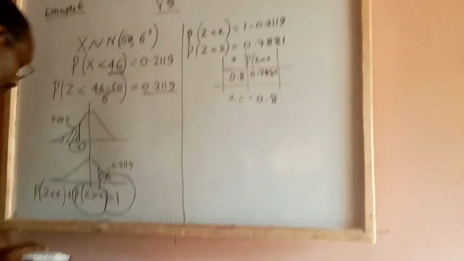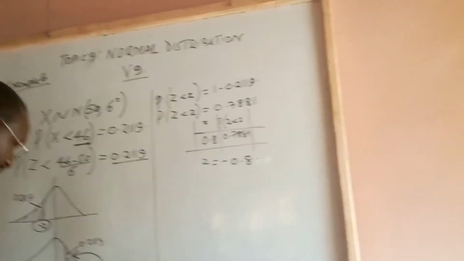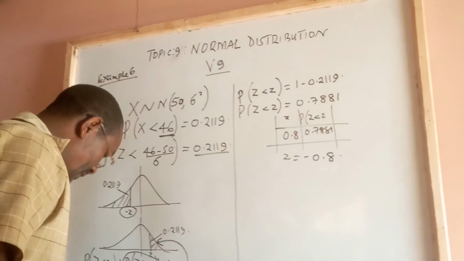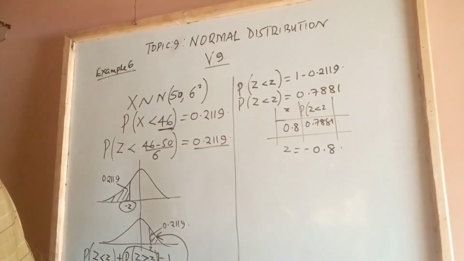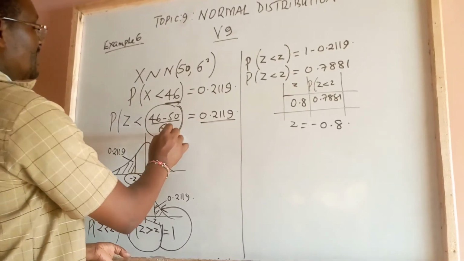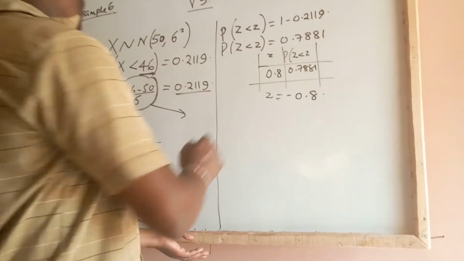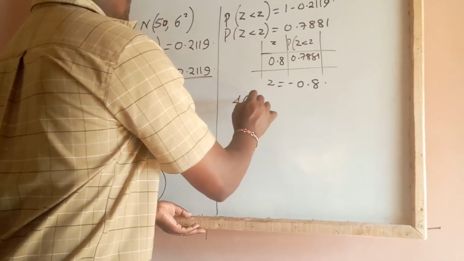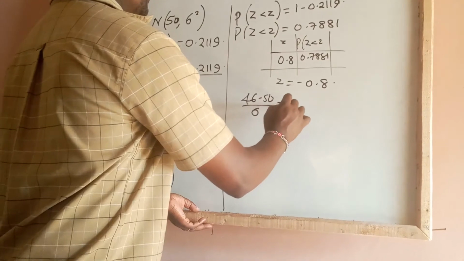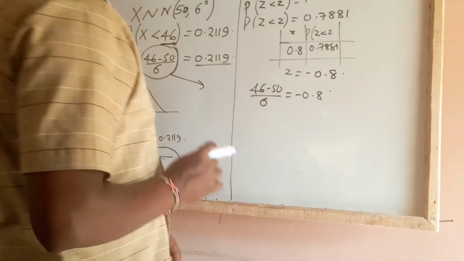Having said that, of course, we need to go back and find the value of the standard deviation. We know very well our z is realized after substituting this to give us minus 0.8. So 46 minus 50 over the standard deviation is supposed to give us negative 0.8.